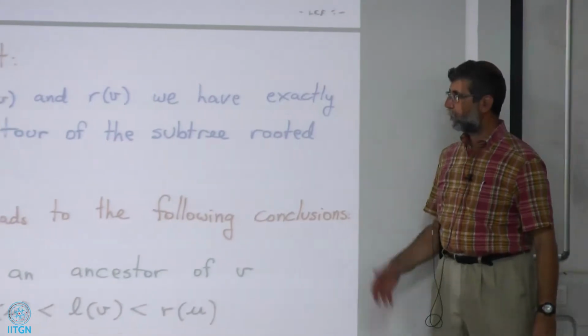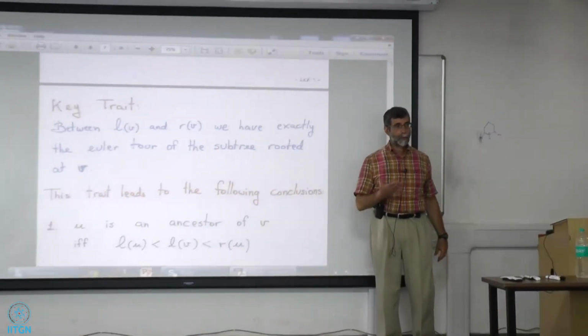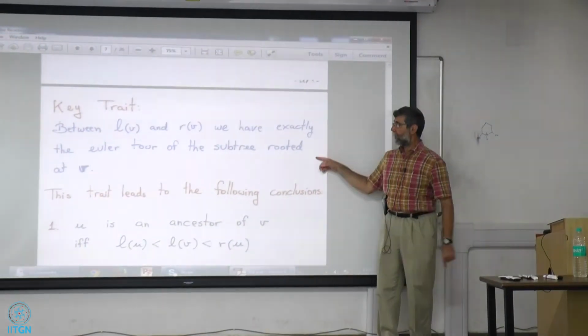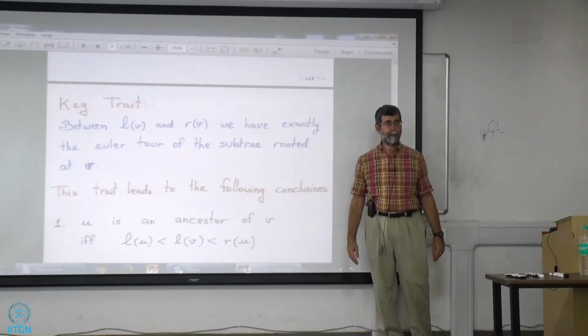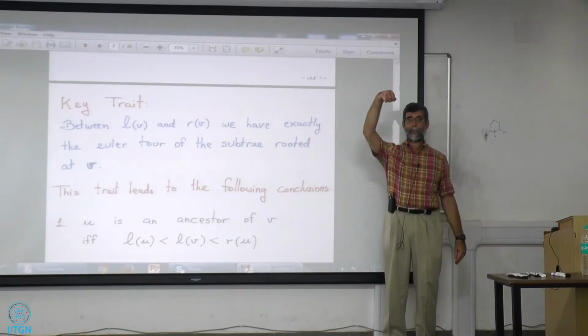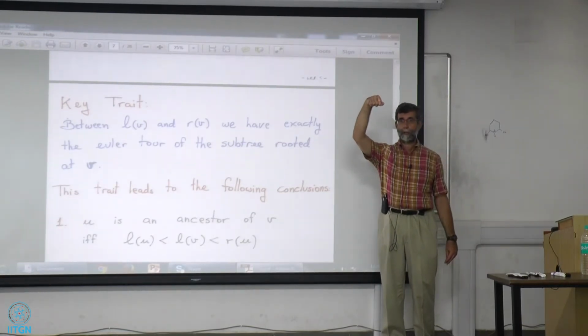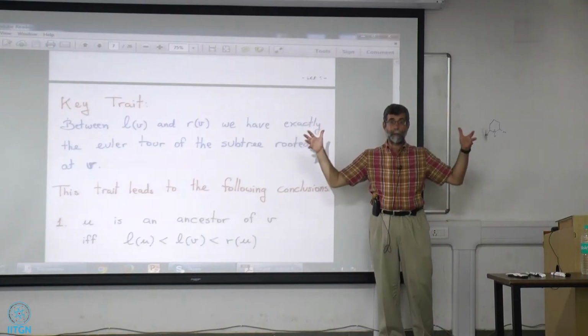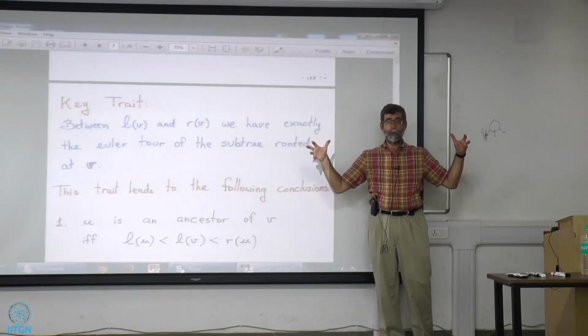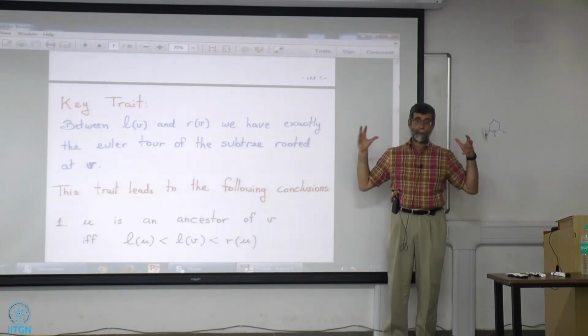What do we have between them? Between them is exactly the Euler tour of the subtree rooted at V. So once you find the LV and the RV, everything between them in the Euler tour is precisely the subtree rooted at V.